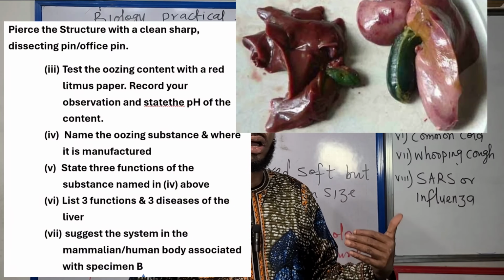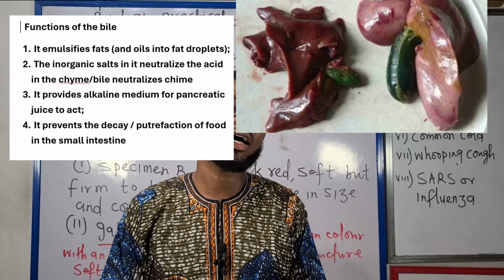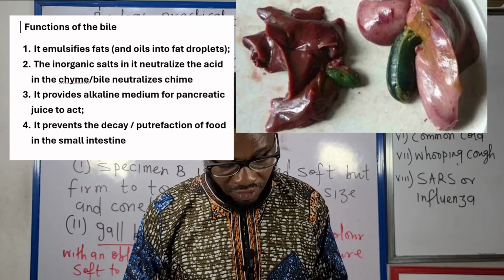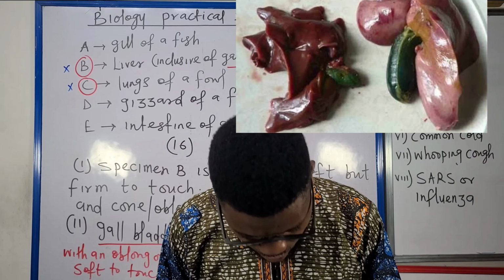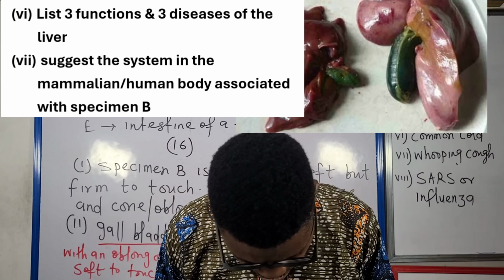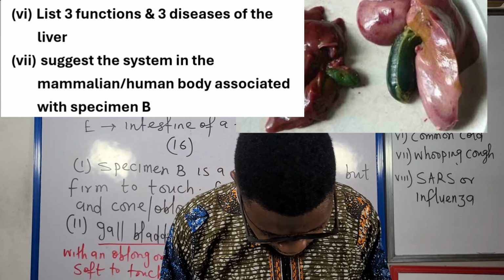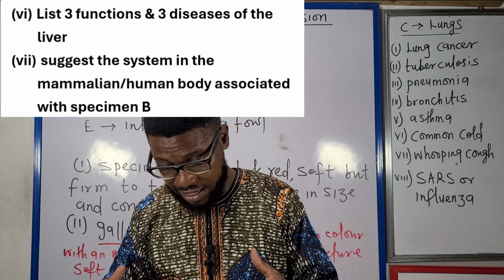Of course, if you go back to the previous question, we've talked about the functions of bile pigment before, so you can look that up. In Roman figure 6, we were told to list 3 functions of the liver and 3 diseases of the liver.